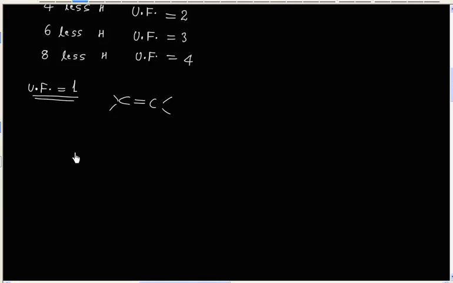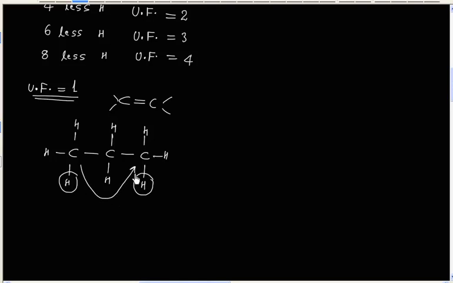For example, if I have this hydrocarbon, I can remove this hydrogen and this hydrogen, and we can connect this carbon and this carbon. If I connect these two carbons, we will have a 3-membered ring, and each carbon will have 2 hydrogen.